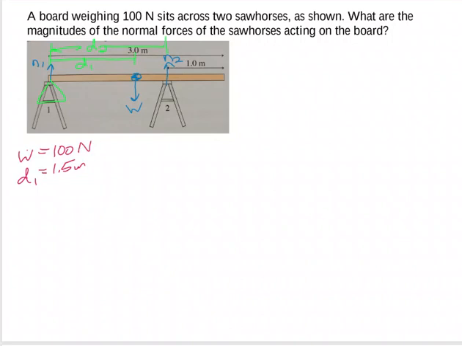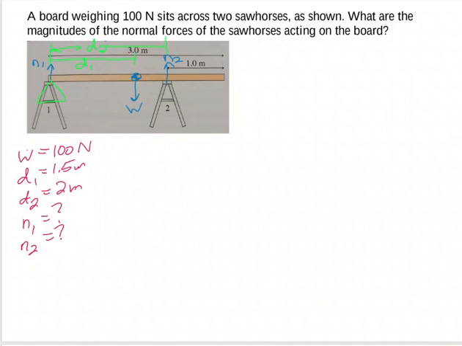And then D2 is 2 meters, which we knew already, because 3 minus 1. And what are we looking for? The normal forces. Normal 1 equals, we don't know. Normal 2 equals, we don't know.